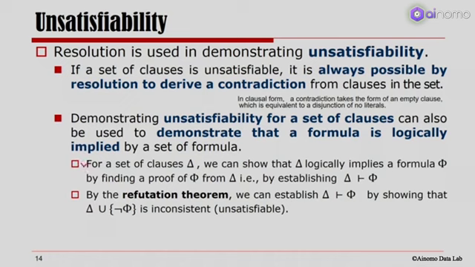Now, for the same resolution trace, I could create the refutation tree, and here is my refutation tree. If you now see, I had my first derived clause f1, which is between C2 and C3.